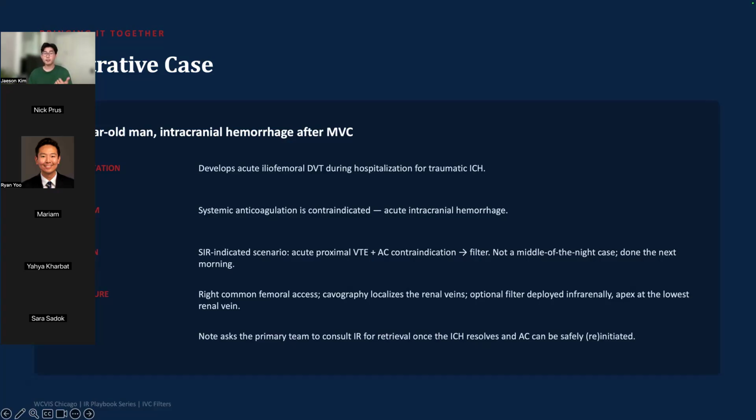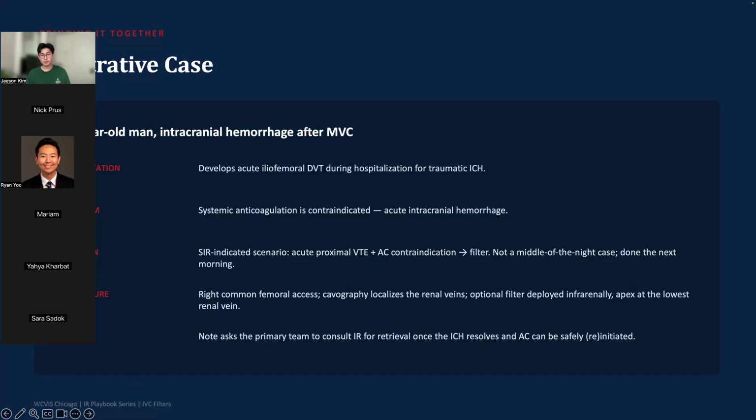Again, for timing, it's not urgent, it's not an overnight type of emergency, so it can be done the next morning. As for the procedure, let's say we'll go into the right groin, take a picture of the vena cava to find the renal veins, and then place a removable filter in the standard spot in that landing zone below the renal veins.